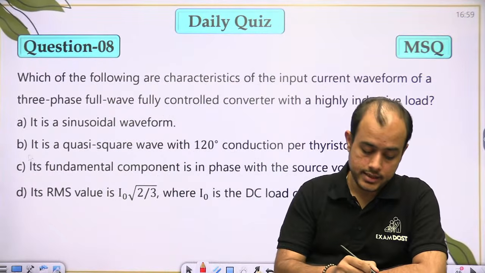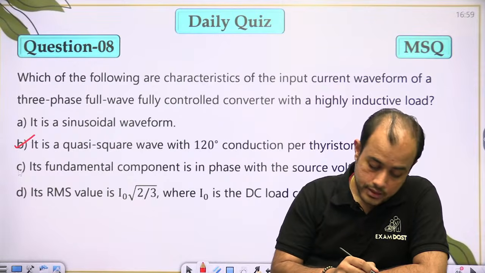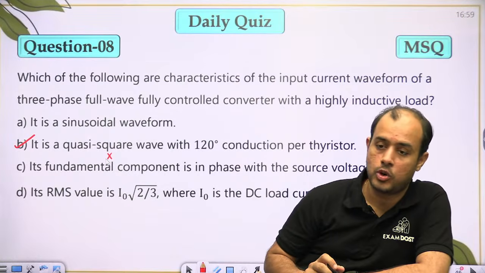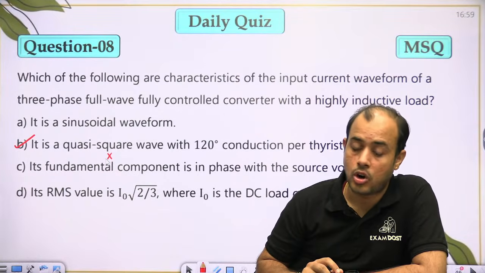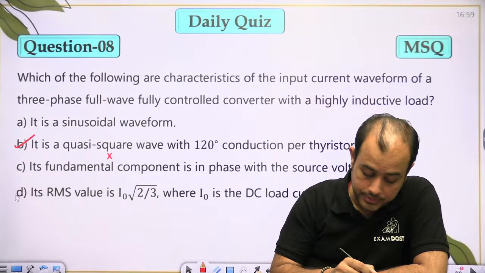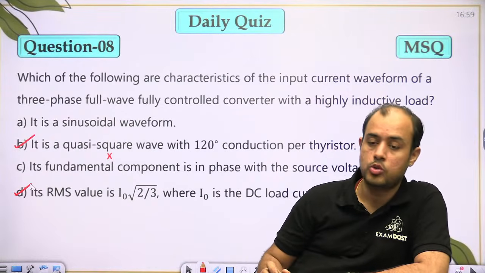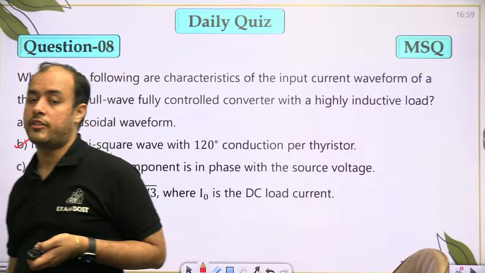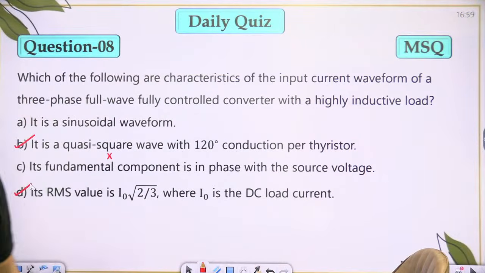It is a quasi square wave. Fundamental component is in phase with the source voltage. No, the angle is cos alpha, so angle is alpha. RMS is I naught root 2 by 3. सप्लाई करंट बेटा साइनोसोइडल थोड़ी होता है, क्वाजी स्क्वायर वेव होता है. सप्लाई करंट हैज हार्मोनिक्स.